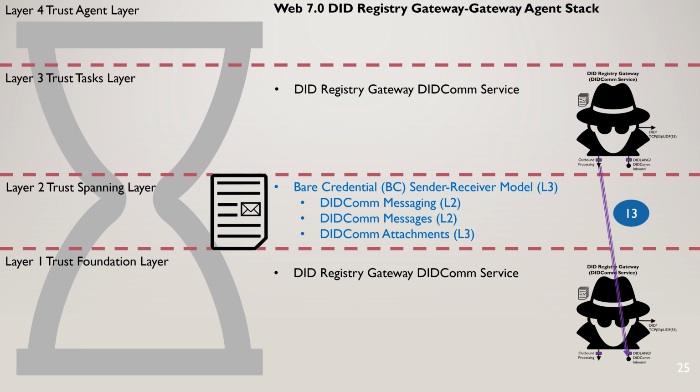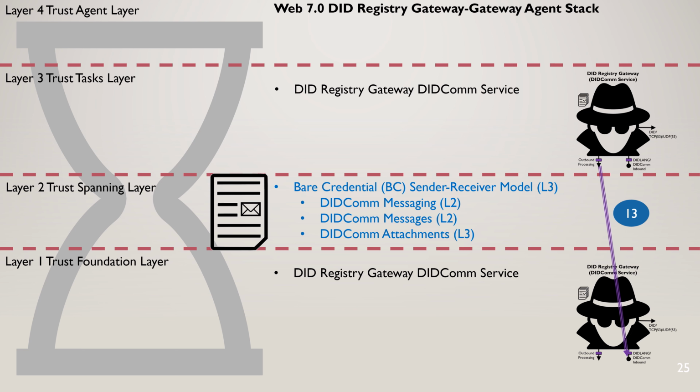And so this is where you have a DIDComm registry gateway who maybe is unable to resolve a DID, and so it may have a secondary DID registry gateway to forward that request to.